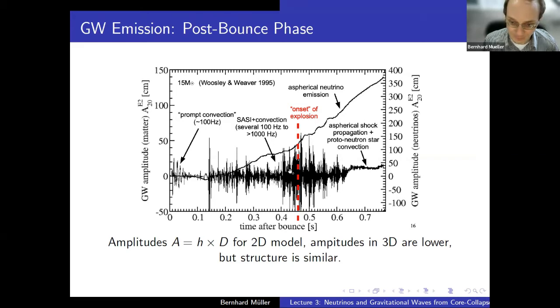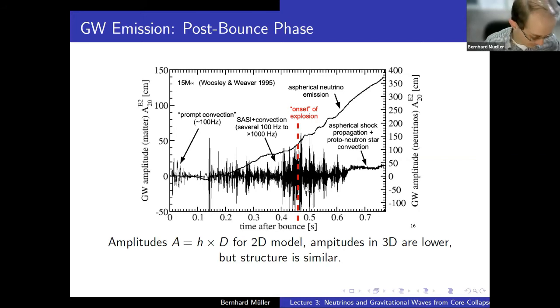Now, this gravitational wave emission then tends to intensify if you develop an explosion, if the shock is revived and the convection is happening in a larger gain region containing more mass and with higher convective velocities. Then the gravitational wave emission intensifies for a phase of a few hundred milliseconds, 100 or 200 milliseconds or so.